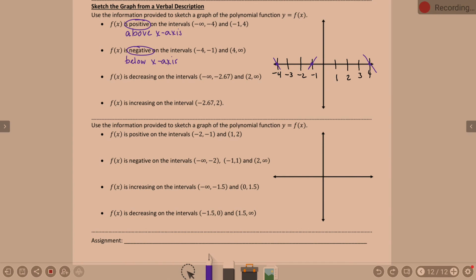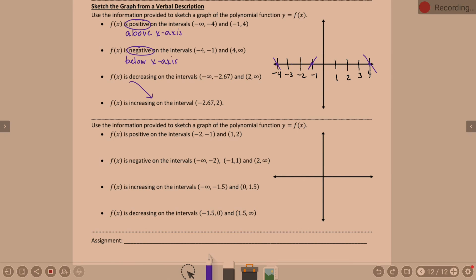Okay. I follow. Now, if a graph is decreasing, what's that mean it's going to be doing? It's going to be going down. This graph is going to be going down from -infinity to -2.67. Well, where is -2.67? Somewhere in there.